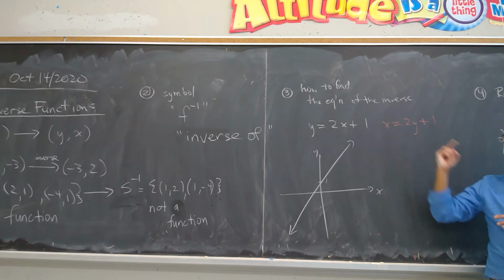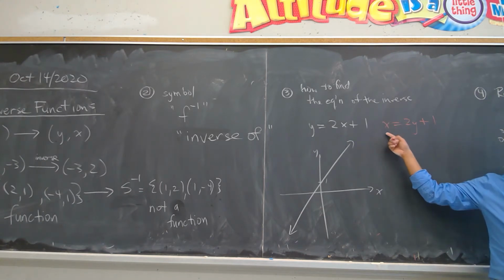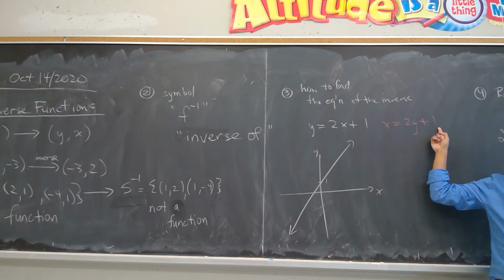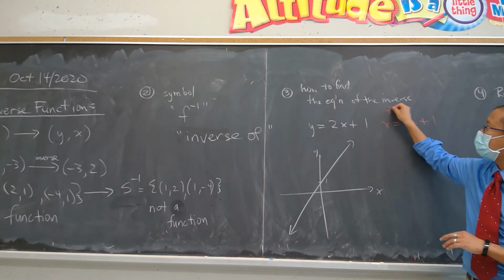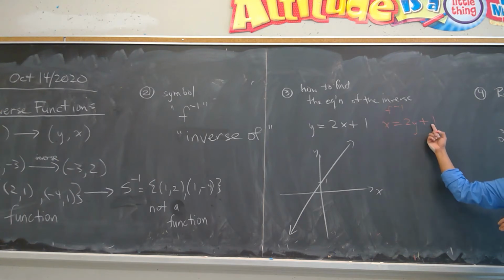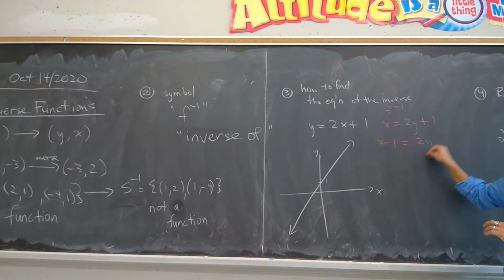Well, this is just bad form, right? So even though you could technically go to Desmos or GeoGebra and write this equation out, which kind of makes sense, this is the inverse. We still solve for y. So how do I solve for y? Subtract 1 from both sides, and then divide both sides by 2.